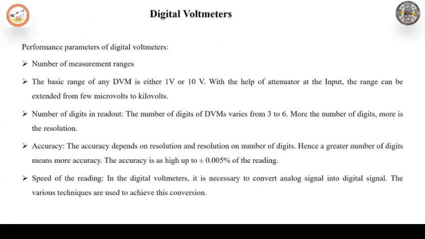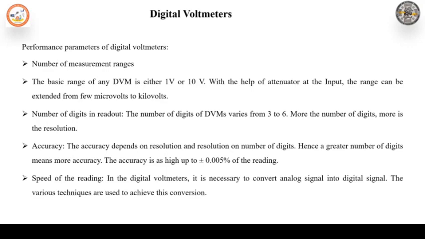So next, coming to digital voltmeters. Students, digital voltmeters, generally referred to as DVM, convert analog signals into digital and display the voltages to be measured as discrete numericals instead of pointer deflection on the digital display.